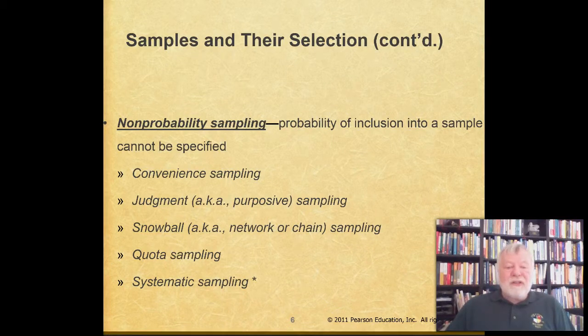Another form of non-probability sampling is known as judgment or purposive sampling, which is used in qualitative research. In this type of research, the researcher purposefully selects the participants that she wants to participate in the study.